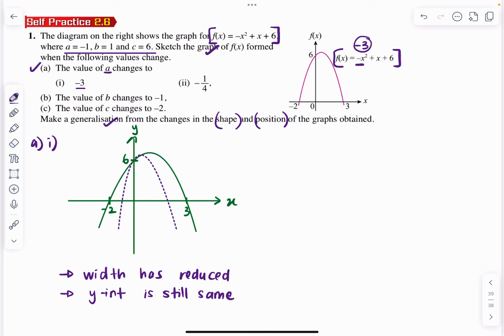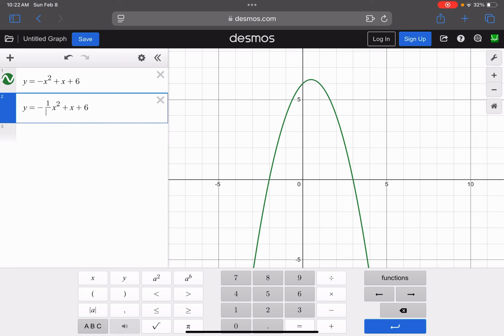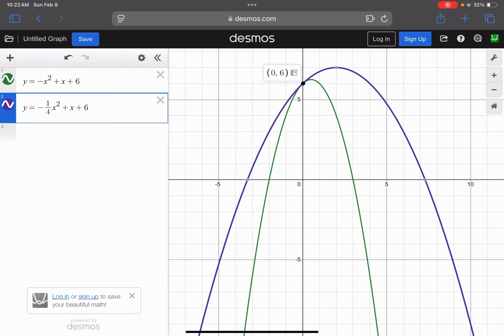Okay, let's look at question 2. Here a becomes -1/4. The a1 is done. Let's look at a2. So let's sketch the graph. We just change this to 1/4. Now the graph has become a bit wider, but the y-intercept still stays the same.